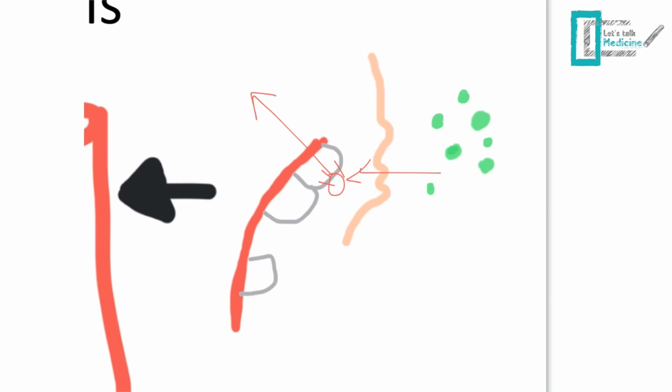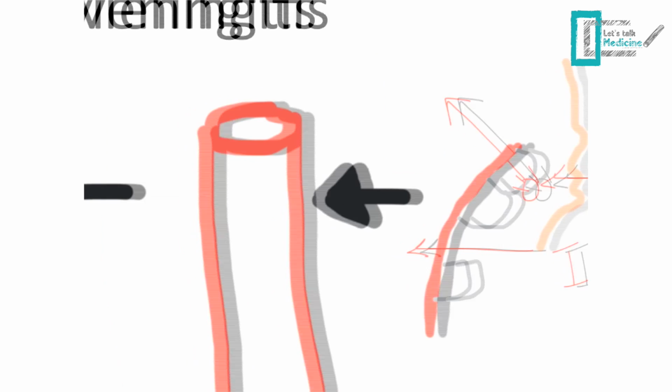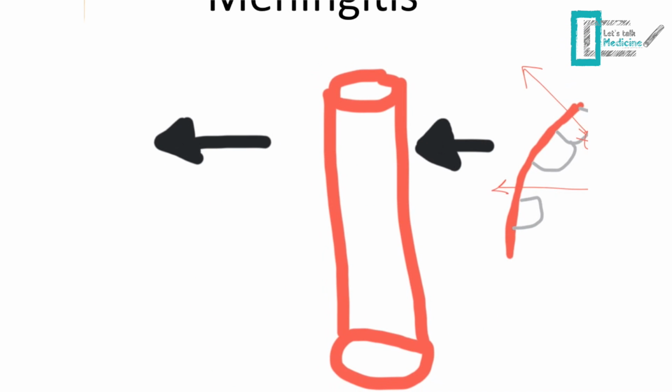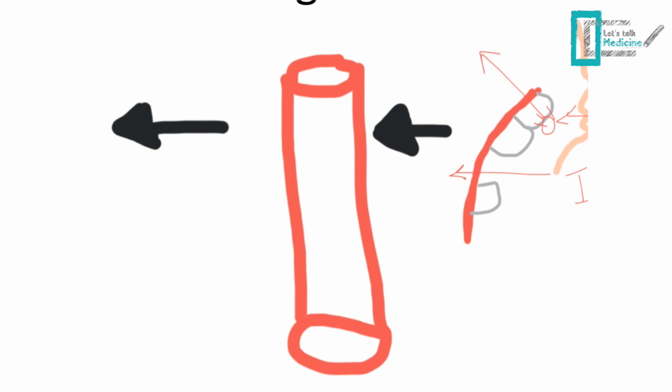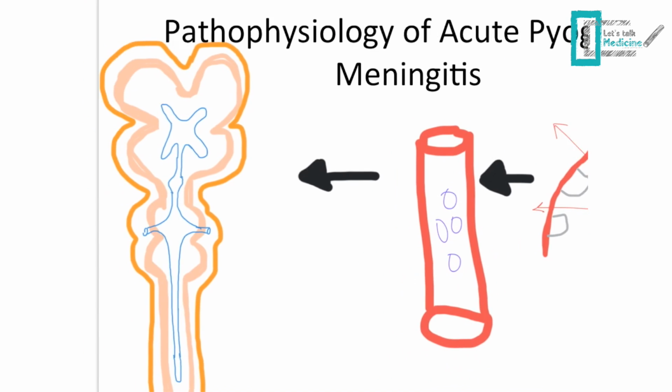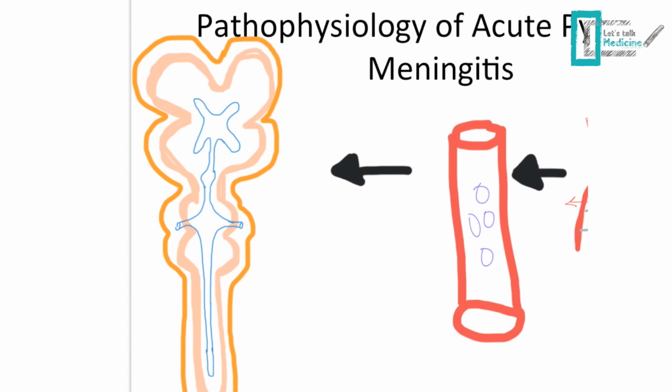Some other organisms go intercellularly, like Haemophilus influenzae, and we also have strep pneumoniae that secretes IgA proteases to destroy the mucosa and then invade into the body. After that, they go into the hematogenous route, the vessels, proliferate and migrate, and from there they migrate into the CNS through the cerebral vessels.